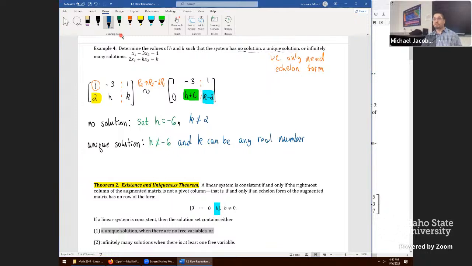So that's our second case for a unique solution. Next thing we're trying to get to is what values of h and k must we have for not just consistent, but we want infinitely many solutions next. So that's our next case, infinitely many.